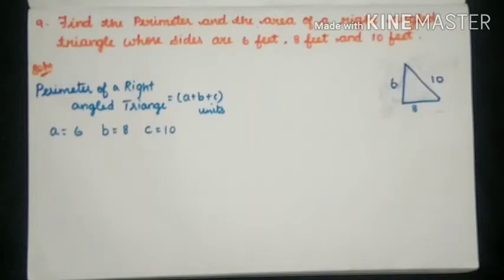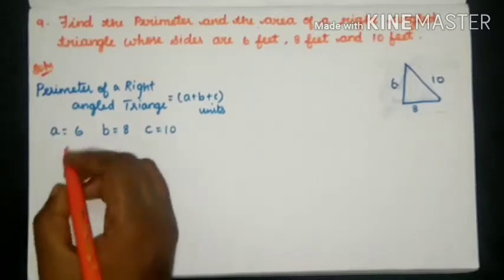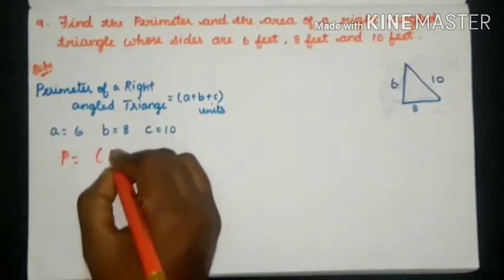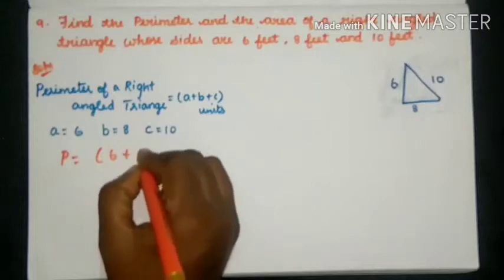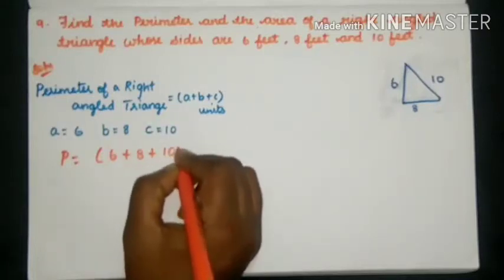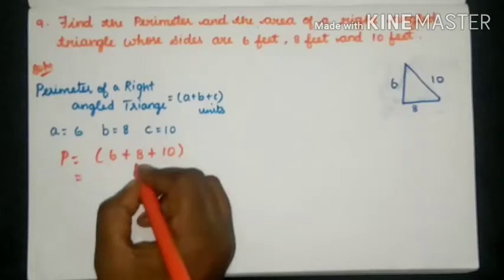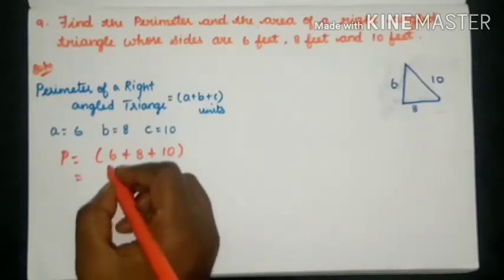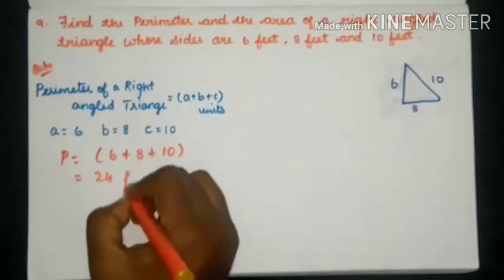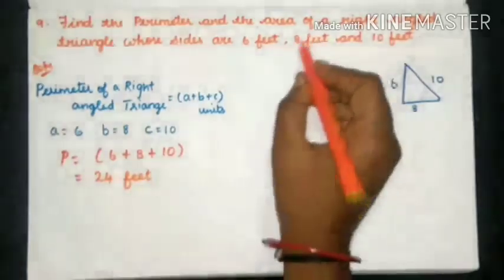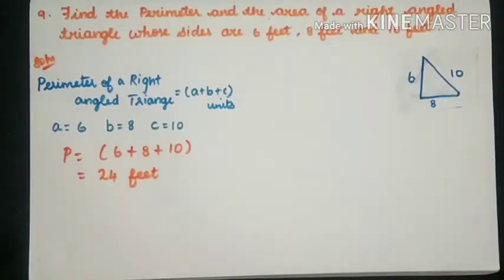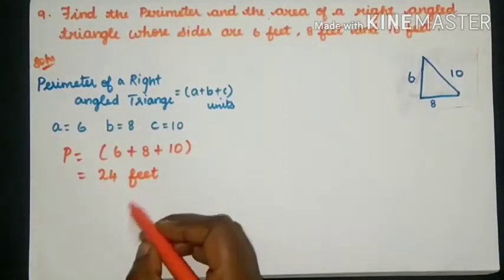And then we are going to substitute the A, B, C values in the formula. P is equal to A plus B plus C, that is 6 plus 8 plus 10. 6 plus 8 plus 10 is equal to what? 24 feet. Here the given unit is feet, so we have to use feet.